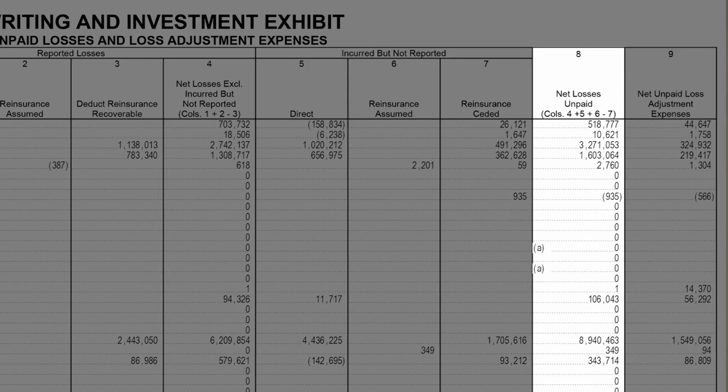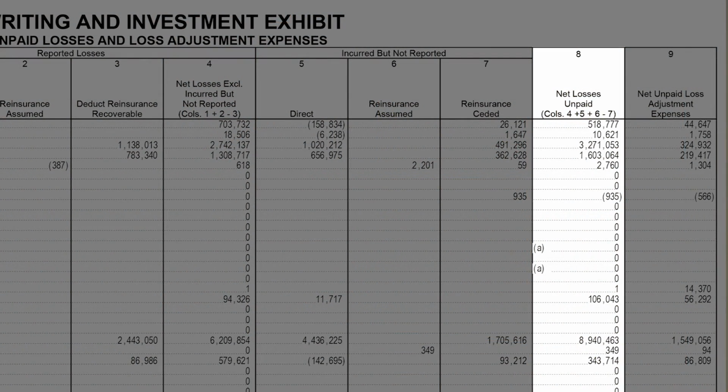So now we're going to take into consideration column 4, which is the net losses excluding incurred but not reported, and you're going to add to that column 5 and column 6 and subtract column 7, which is the incurred but not reported component of the total reserve.